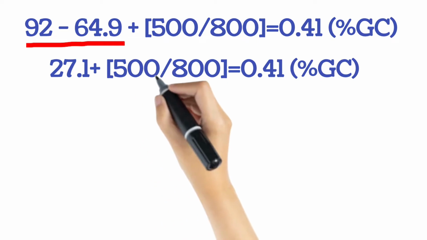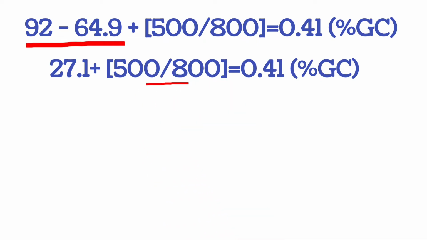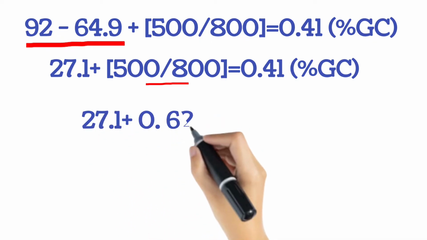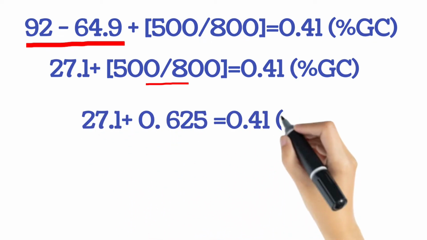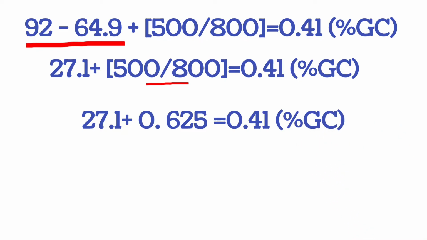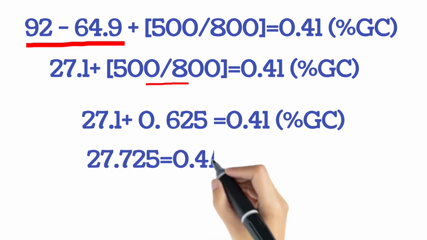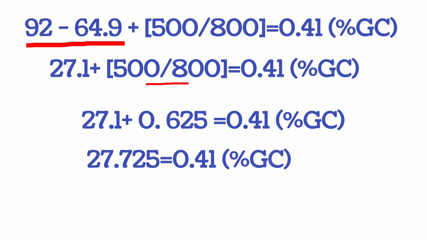Now solve 500 by 800. The answer comes 0.625. So the equation is 27.1 plus 0.625 is equal to 0.41 in bracket percent GC. Now do addition. The answer of addition will be 27.725.